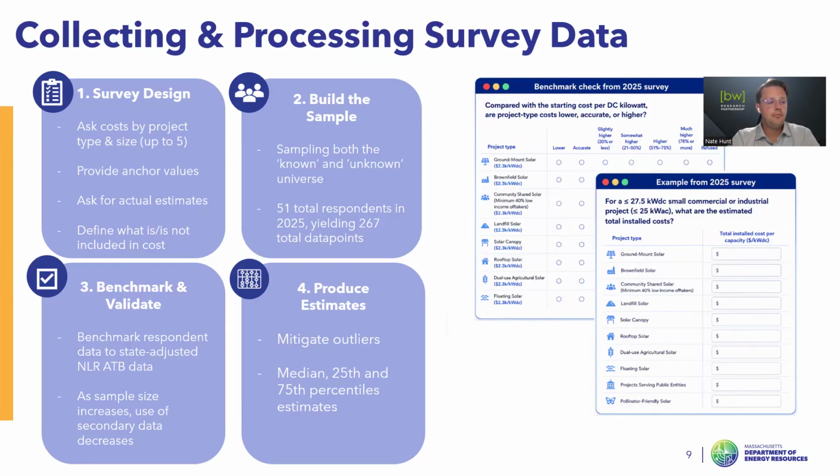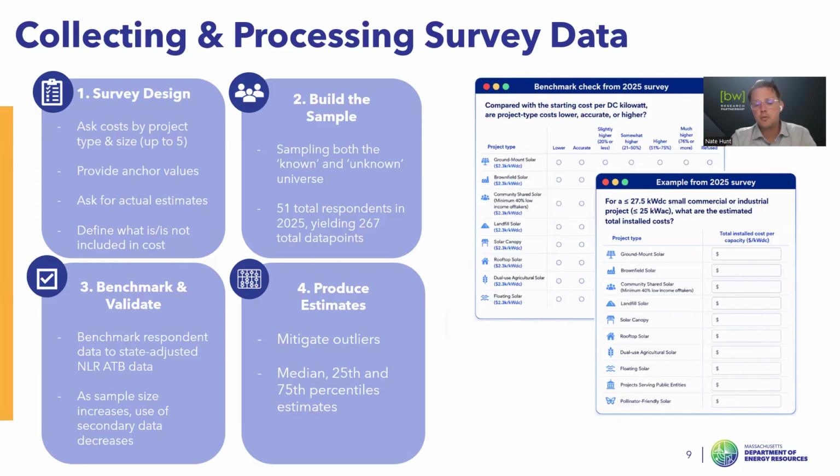And then we also run some additional analyses around the 25th and 75th percentiles, so that we do have a little bit more range, a little bit of a confidence interval around what the end result is for projects that have slightly lower costs or slightly higher costs than the broader reported average.